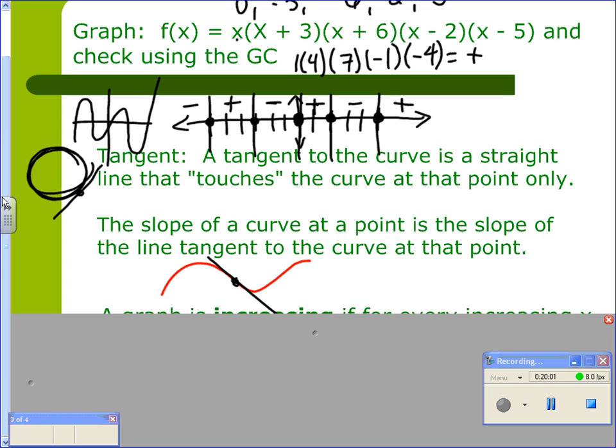Does that make sense? And that tangent line is not really drawn like a tangent line due to the way I drew it, but it has a different slope because the point here has a different slope than right here. Does that make sense?